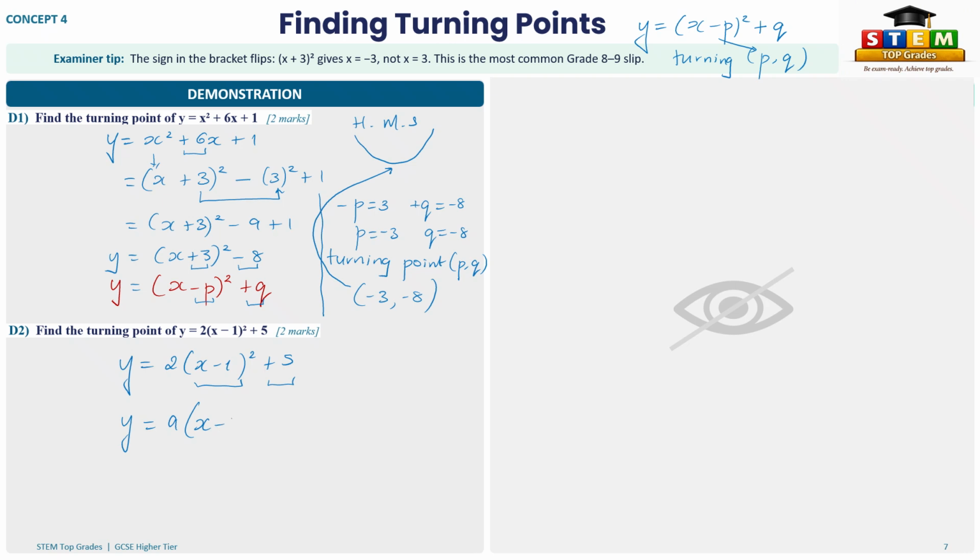So x minus p squared plus q. You can see minus p equals minus 1, therefore p is 1, and q equals 5. So our turning point is simply (1, 5).